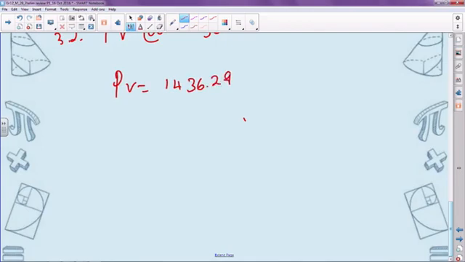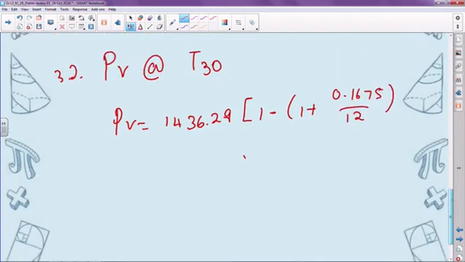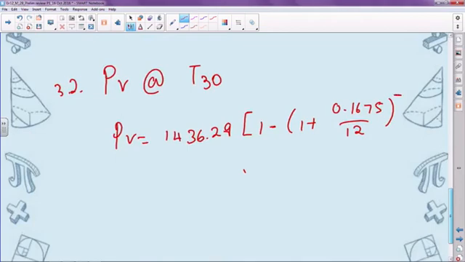So we put that into our formula, and we're going to say times by 1 minus 1 plus i, which is 0.1675 divided by 12. And your n here, remember, because we're bringing those 18 payments backward to time 30, our n here is going to be negative 18.